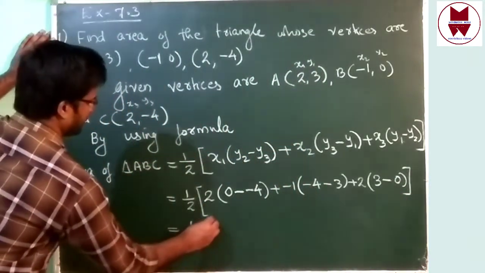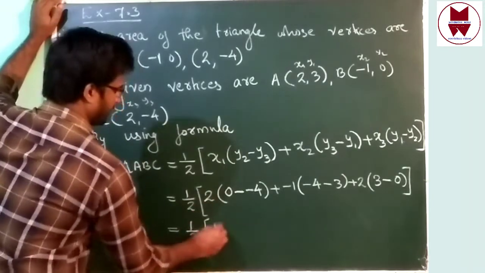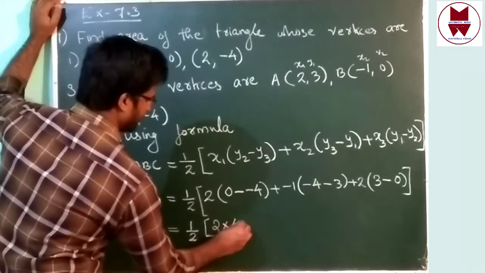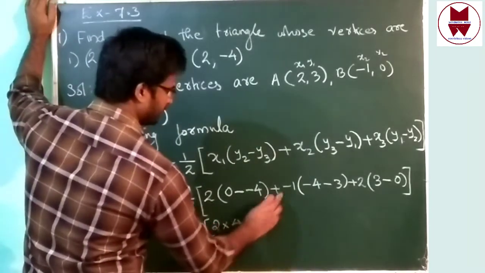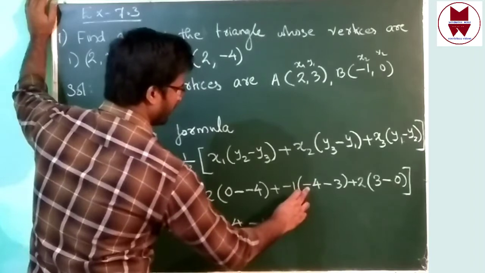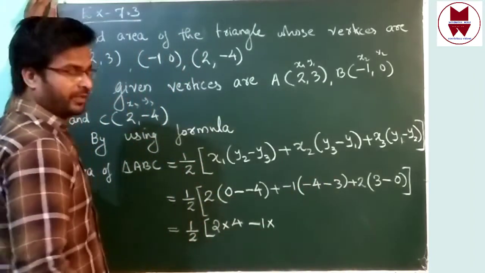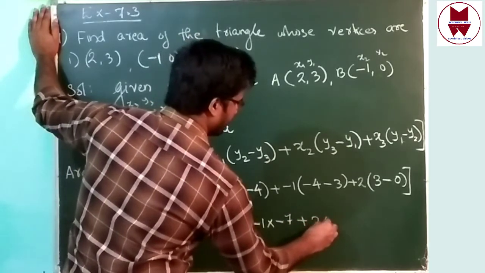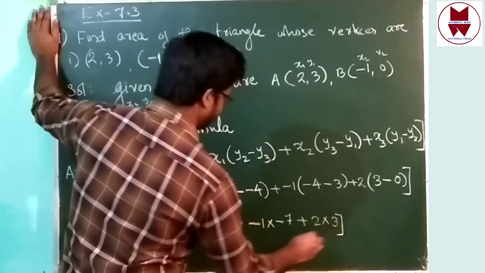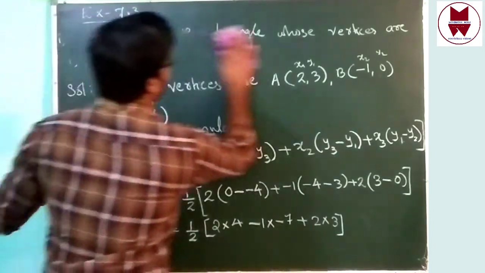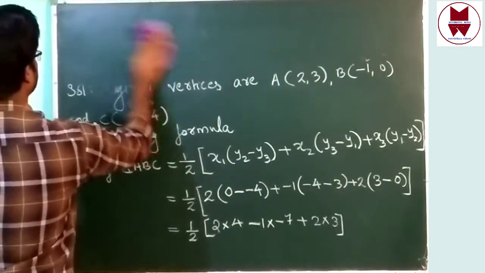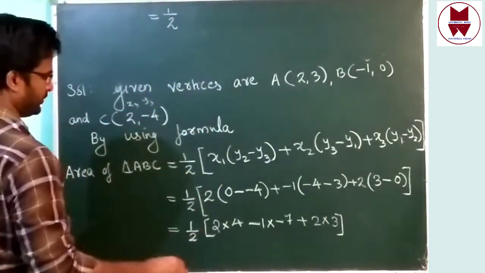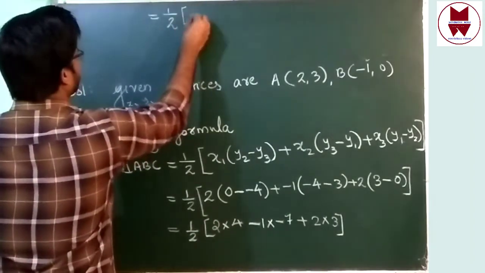1 by 2 into 2 into minus, that will be plus 4, so 2 into 4. Then minus 1 into (minus 4 minus 3). What will you get? Minus 7. Plus 2 into 3. So 1 by 2, 2 into 4 is 8.